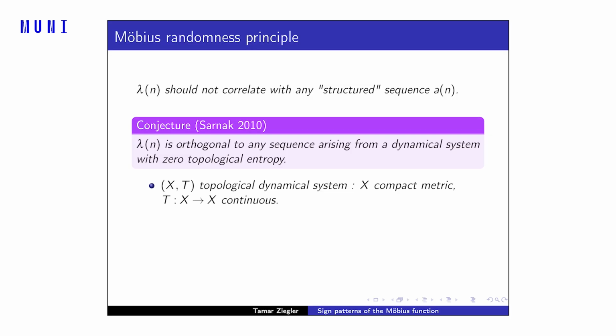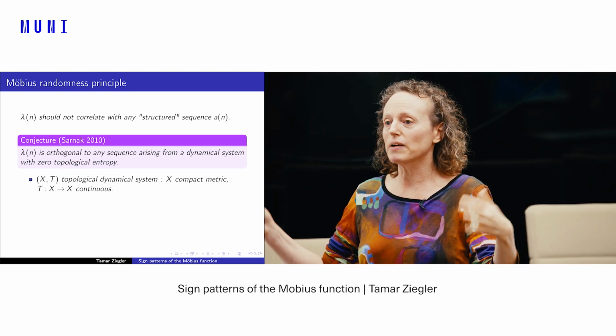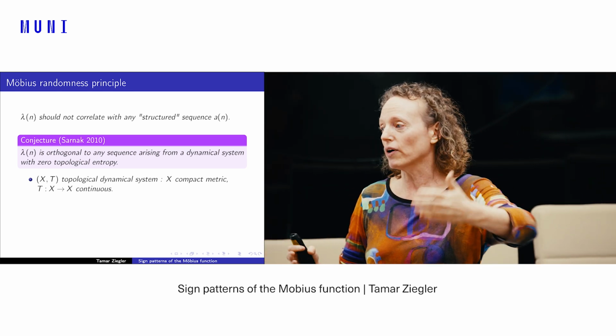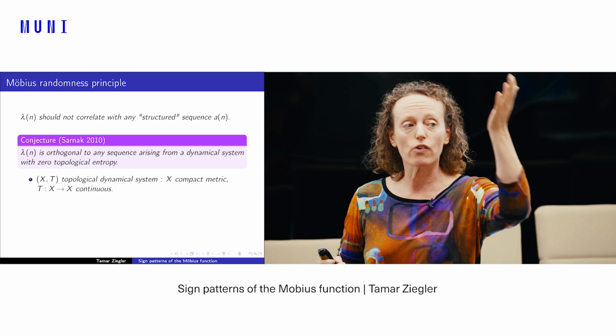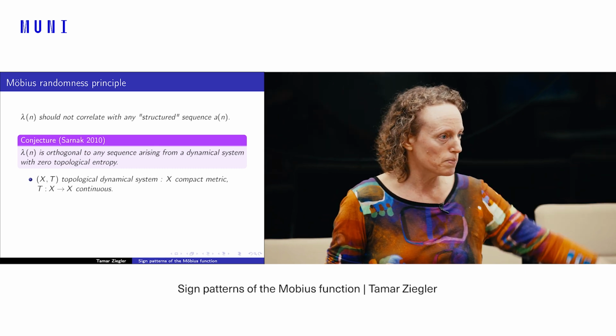So let me decipher what this conjecture means. First of all, what is a topological dynamical system? Well, you start with X, a compact metric space, and you have a continuous map T from X to X. So this is what you need for a topological dynamical system. People are usually interested in what happens when you apply T over and over and over again and try to understand its orbits.